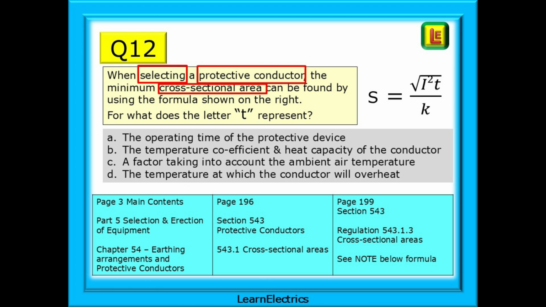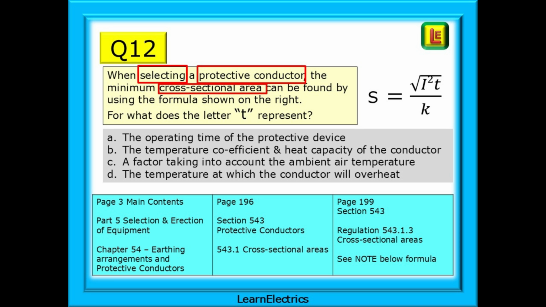Starting on page 3, we have selection and erection of equipment, part 5, followed by chapter 54, earthing arrangements and protective conductors. So go to page 196. On page 196 is the chapter 54 contents page, and we can see that section 543 is about protective conductors and that 543.1 is about cross-sectional areas.